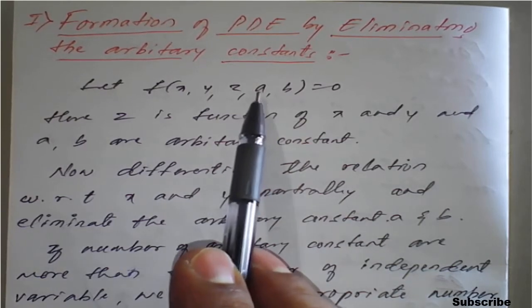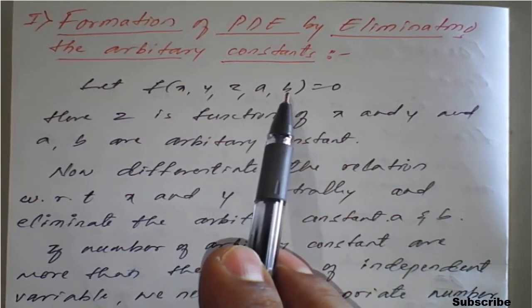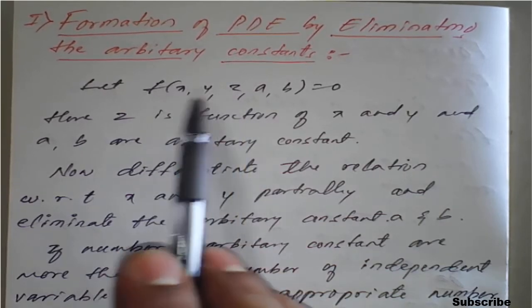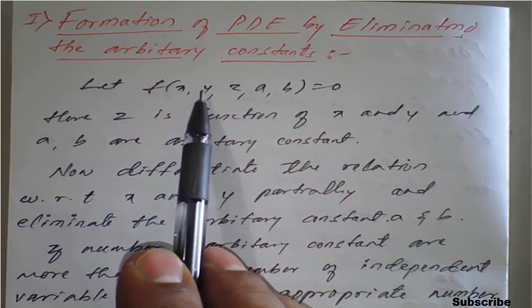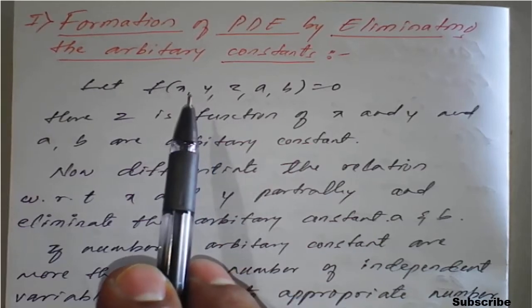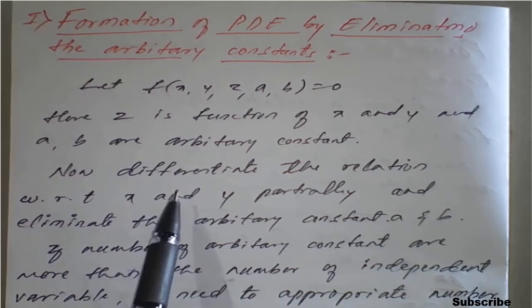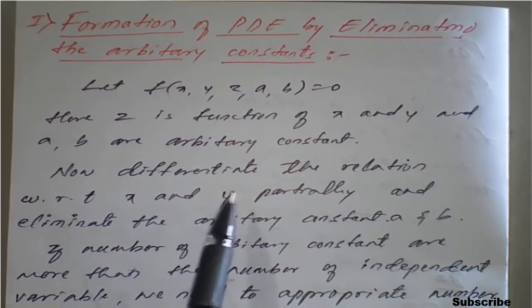So to eliminate this a and b for the function z of the two variables x and y, we have to differentiate this equation with respect to x as well as with respect to y.